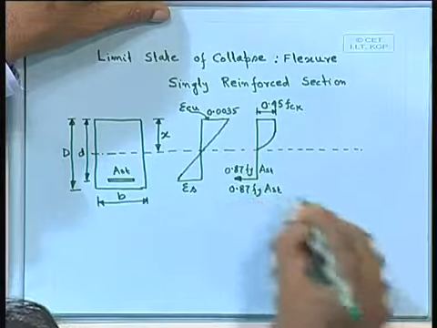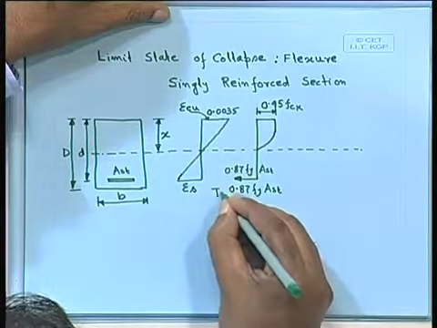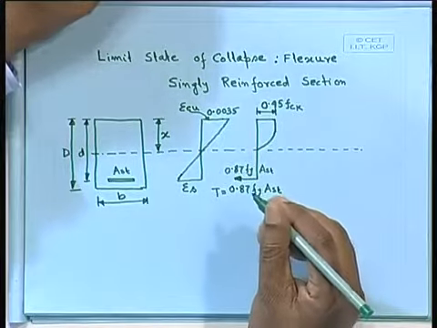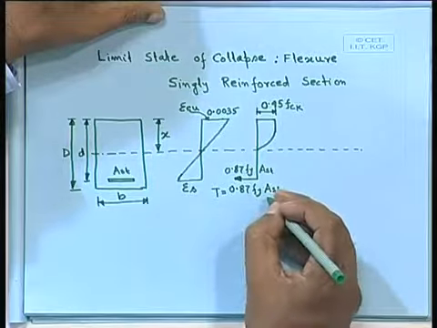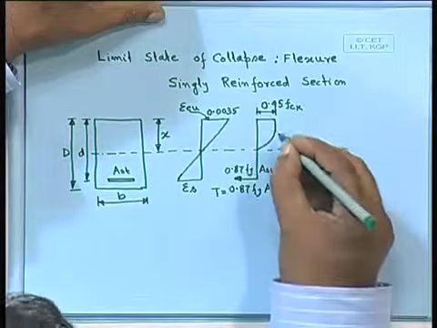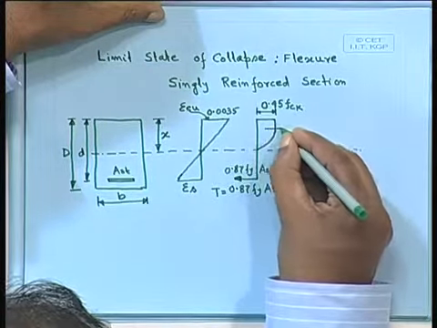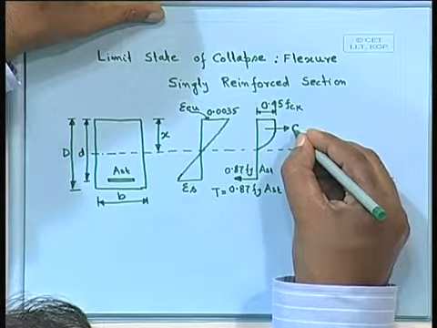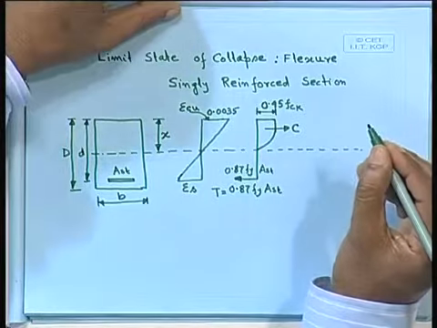This one is your T. So, the tensile force T on the steel is 0.87 fy Ast. We shall get the compressive force, that is C.